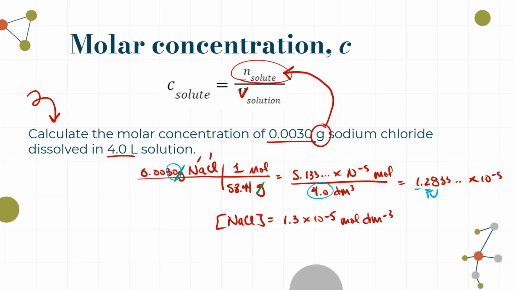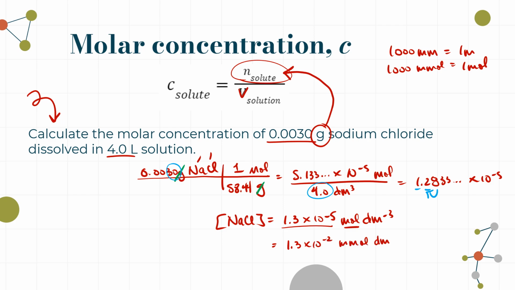I don't like it. So what we can do instead of using moles is I can use millimoles. Just like there's 1,000 millimeters in 1 meter, there's 1,000 millimoles in a mole. And so I can take this number and multiply it by 1,000 to convert to millimoles. And so my concentration could also be 1.3 times 10 to the minus 2 millimoles per cubic decimeter.